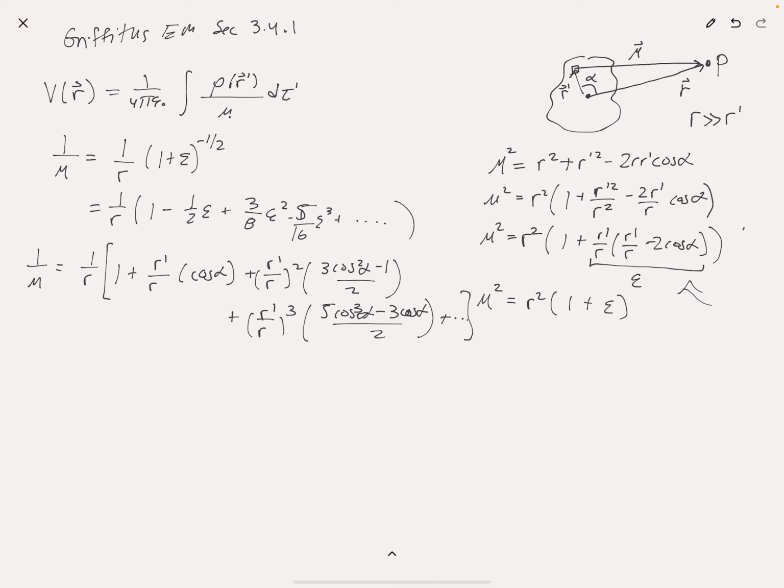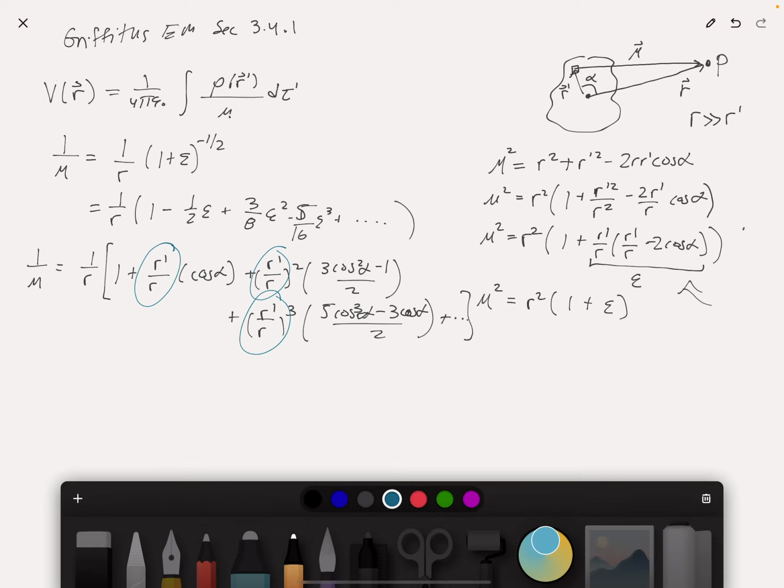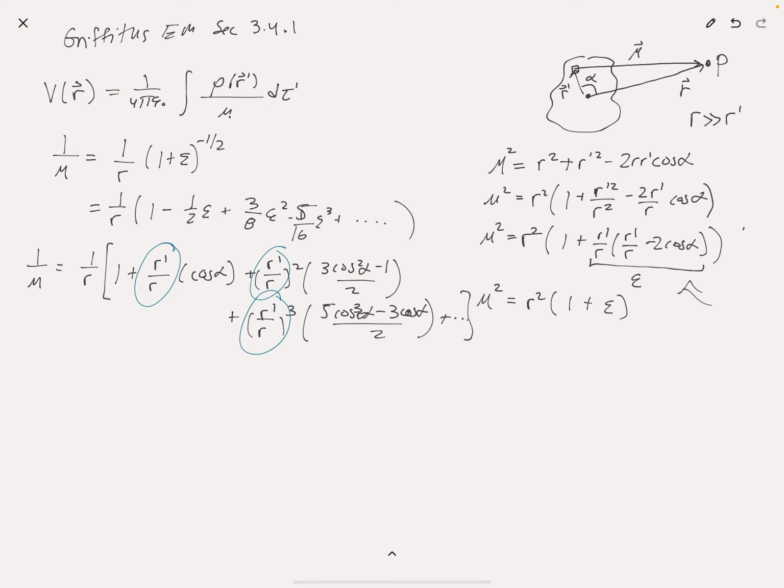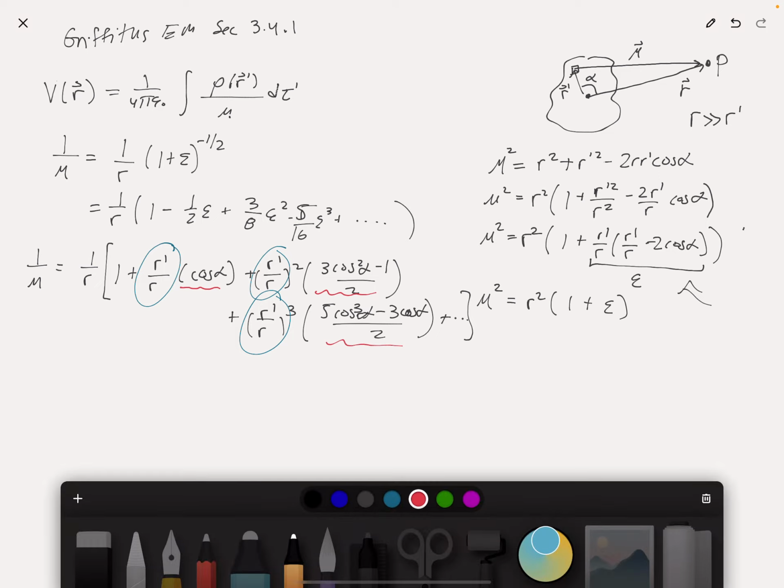I notice something immediately. I have this repeating bit here, r prime over r, with sequential powers associated with it. And I notice that I have some other thing that's repeating in maybe a familiar way, something that has powers of cosines in it. Those are your Legendre polynomials.